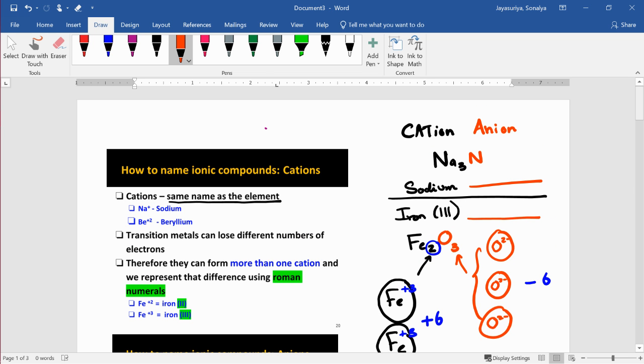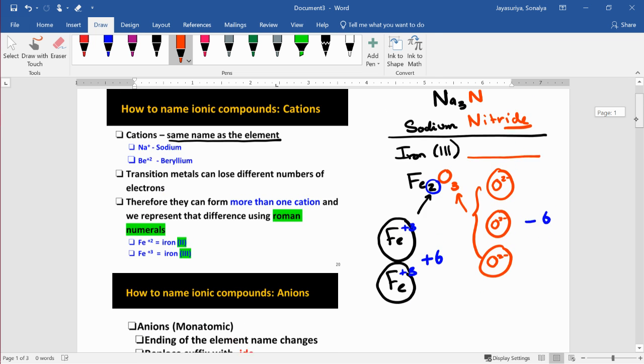In our example compound, this is nitrogen. Nitrogen becomes nitride. See, I-D-E. Then over here, this one is oxygen, so that's very easy. Oxygen becomes oxide.